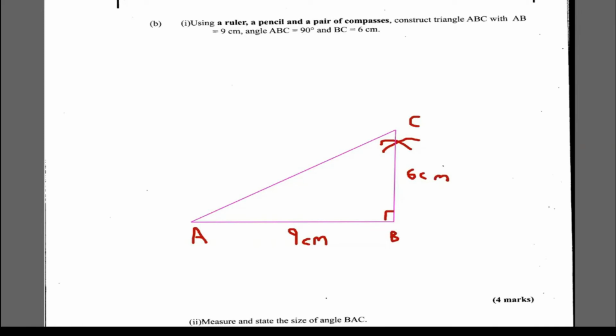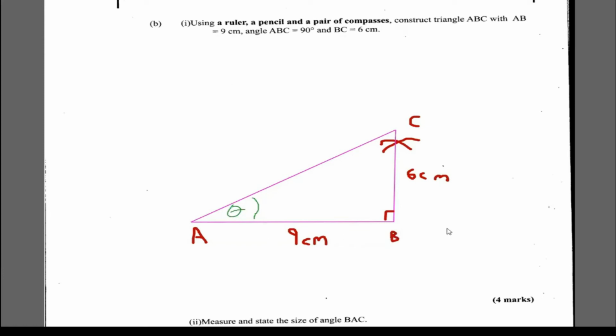And the next part of the question says measure and state angle BAC. So this is the angle. All right, I can give you a region that BAC should be in, because if you were to use trigonometry, you would say opposite over adjacent is tan.